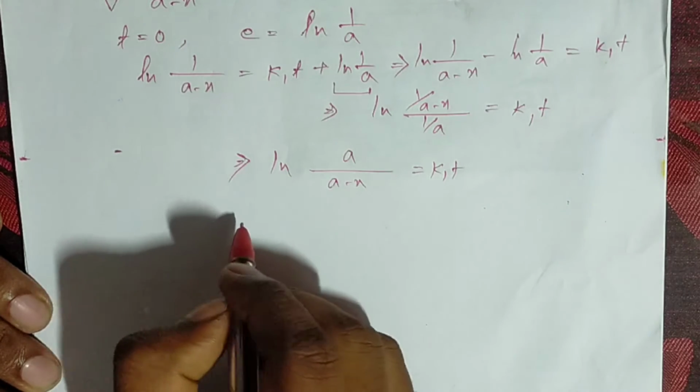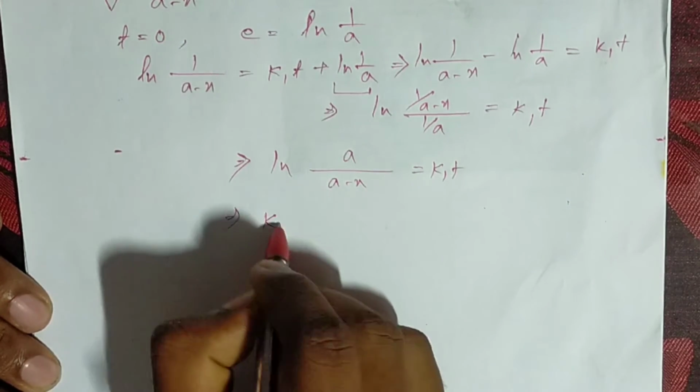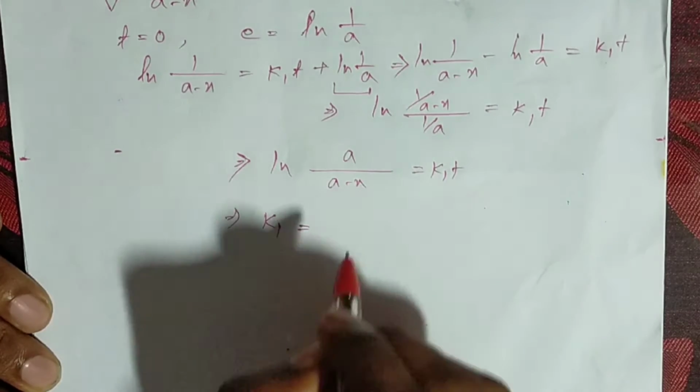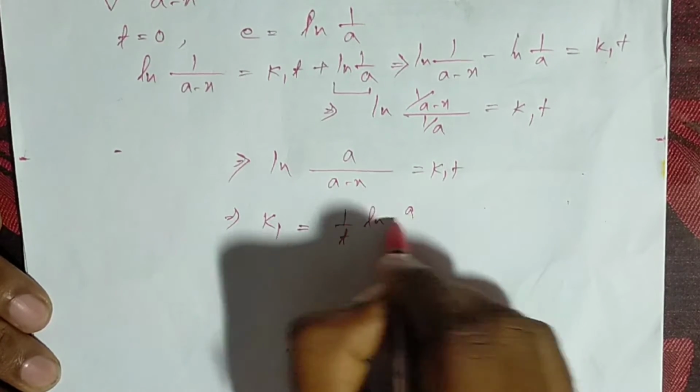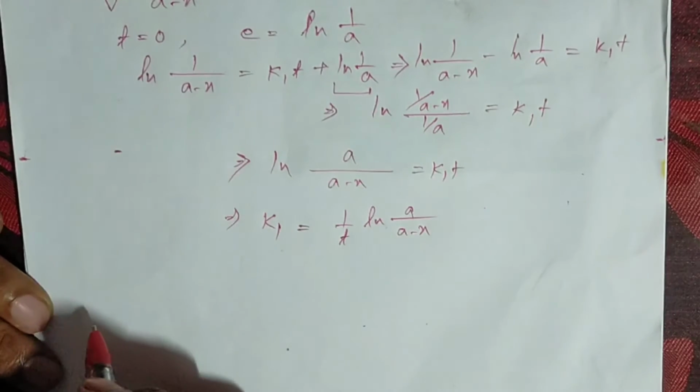So we can write that the constant k1 is equal to 1 by t ln a by a minus x.